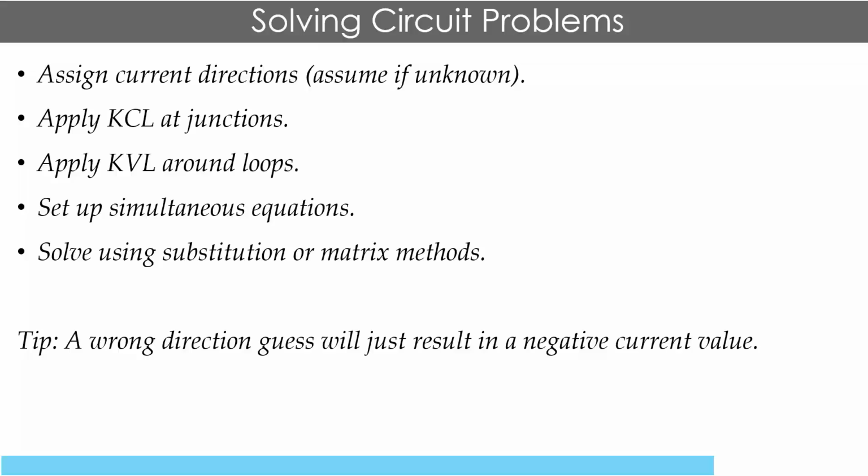What will only happen is that you would get a negative value of your current, which shows that the actual direction of that current is in the opposite direction. So let us take this tip. A wrong direction guess will just result in a negative current value, but the magnitude of the current would be the same.